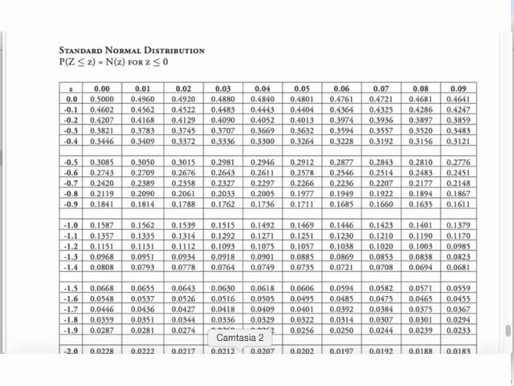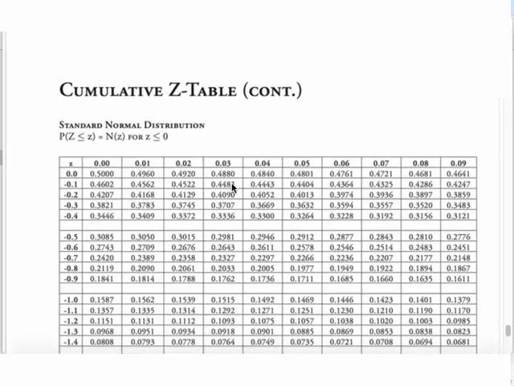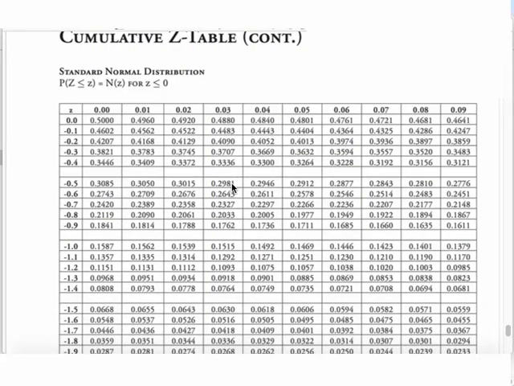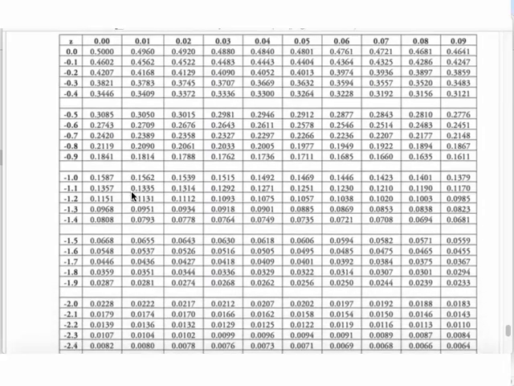Okay, so we have the cumulative Z table here. Now we will have to look at it in an inverse fashion, where on the left hand side of the tail, if you're doing a 99% confidence, that means you are at 1% VAR. So we are going to leave how much? 1%.